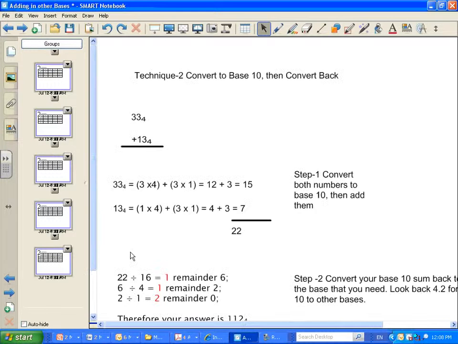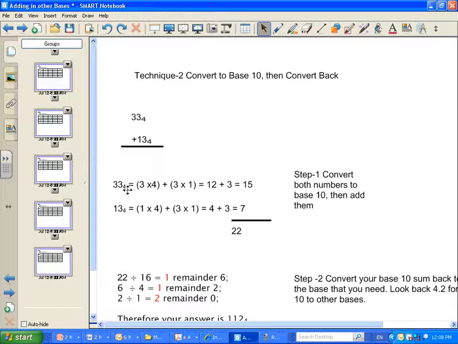The other technique is go ahead and convert both of the numbers into base 10 and then convert it back. Again, this requires you understanding how to convert from another base into base 10 and then going back. Well, converting from another base to base 10 is, I think most of you pretty much got. You expand it.